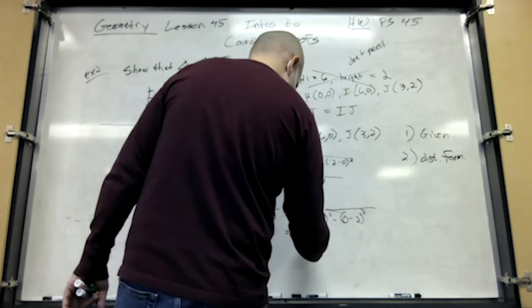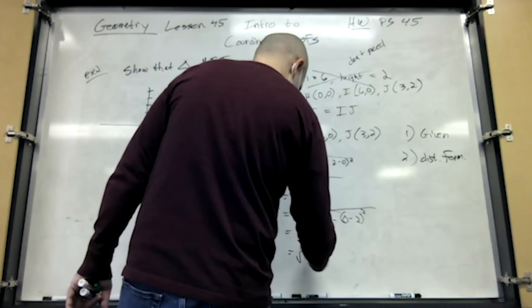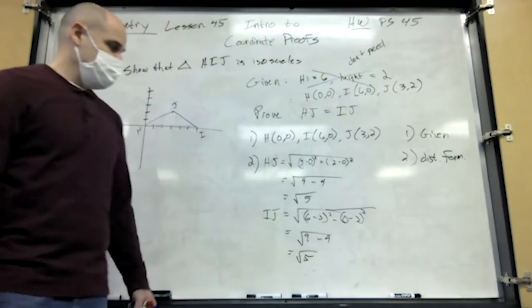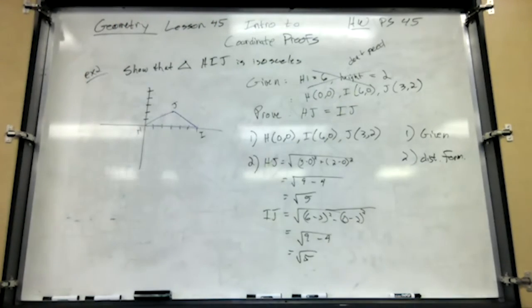So then this is going to be 9 plus 4 as well. So I can put all that on one line because I'm just using the distance formula right now to figure out the distance.